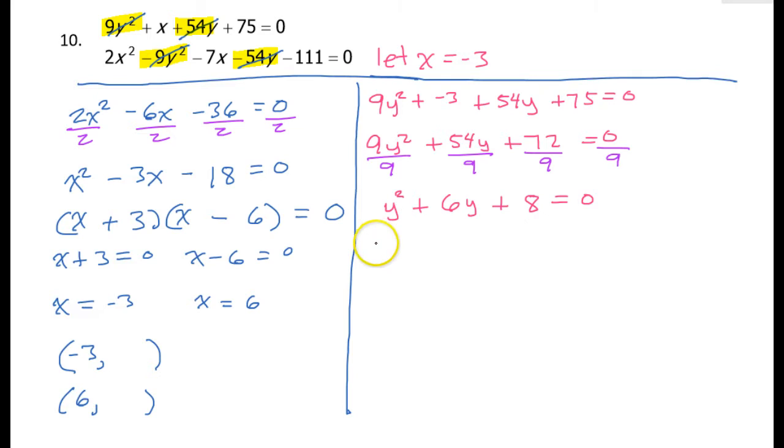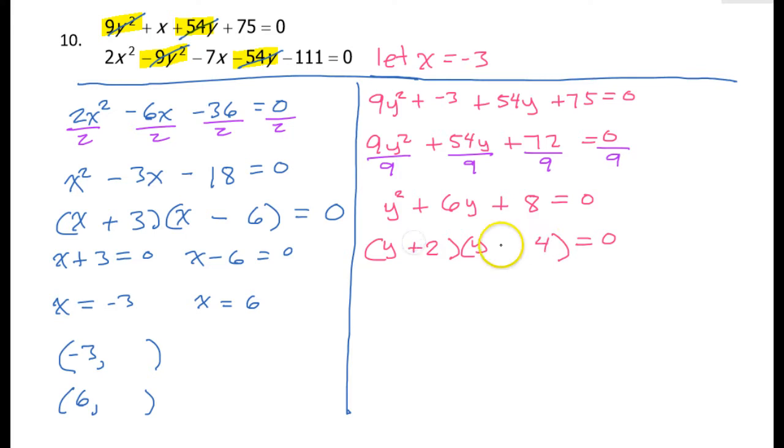Okay, so now I can solve this by factoring. So y squared will be y times y. 8 is going to be 2 times 4.